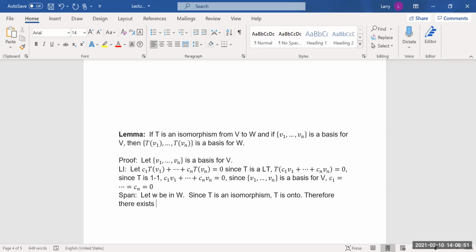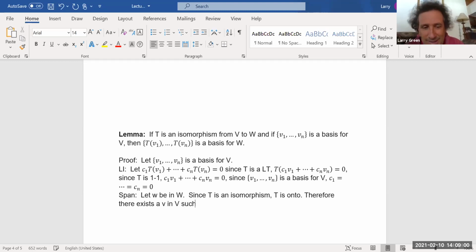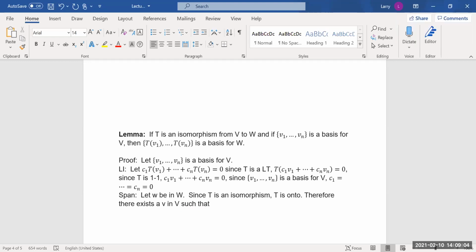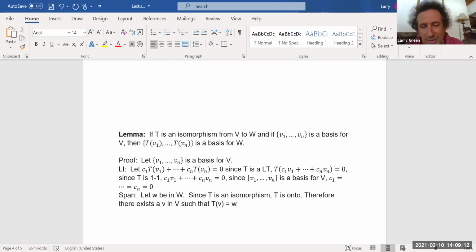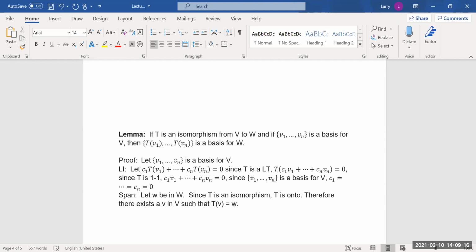There exists a vector V in capital V such that T of V equals W, a vector in W. Any questions on that? That's what onto means.